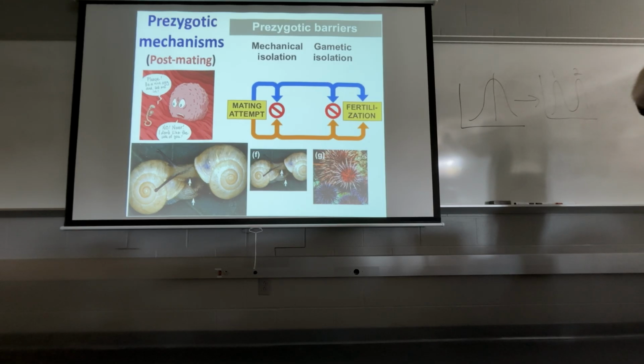But if your shells are twisted the wrong way, the shell gets in the way. They can't quite reach each other and line up the gonadopore of the female with the male, so the male can't deliver sperm, and you can see they're too far apart. So they can never get sperm delivered to the female eggs. And that keeps these two species separated from one another, just based on how their shell developed during development.